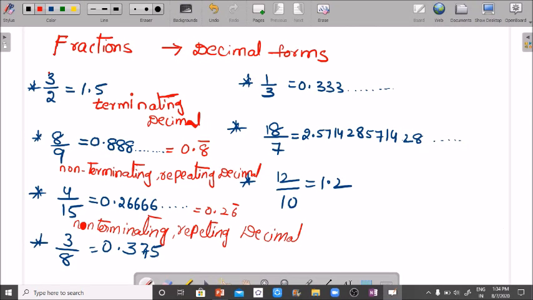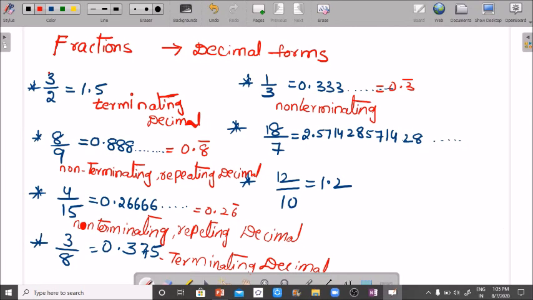What about this? This is a terminating decimal. Now this one can be written as 0.3 bar, a non-terminating repeating decimal.